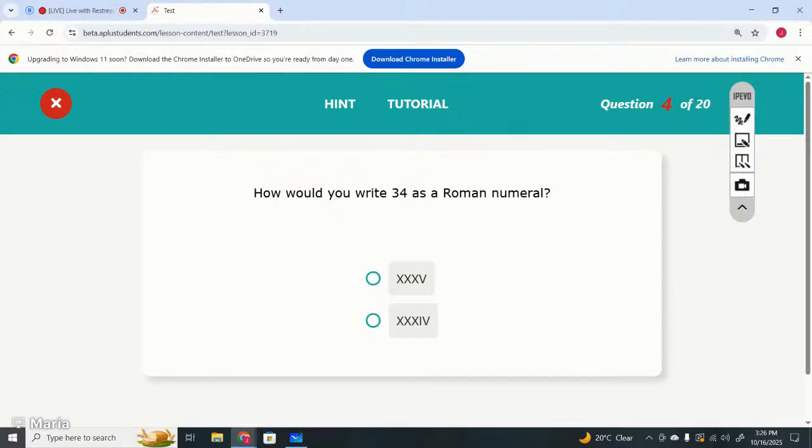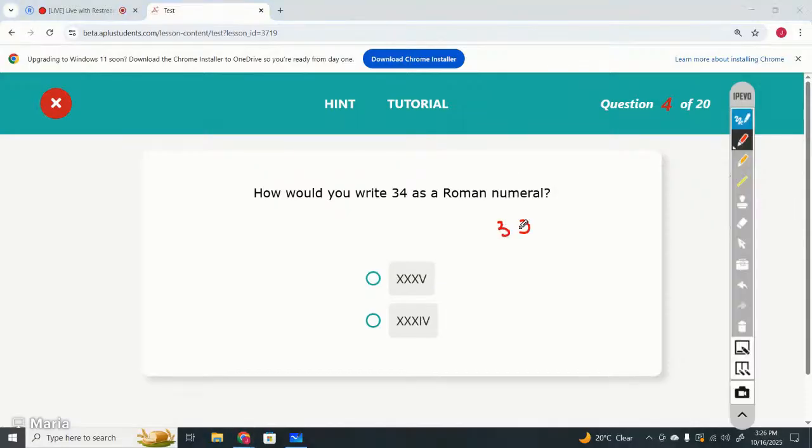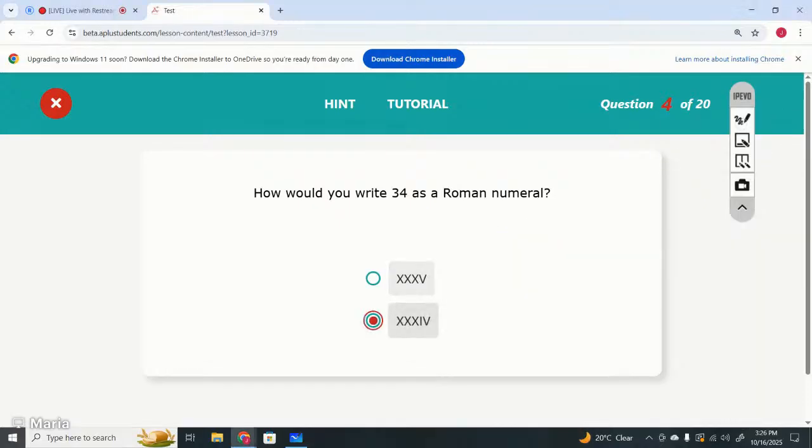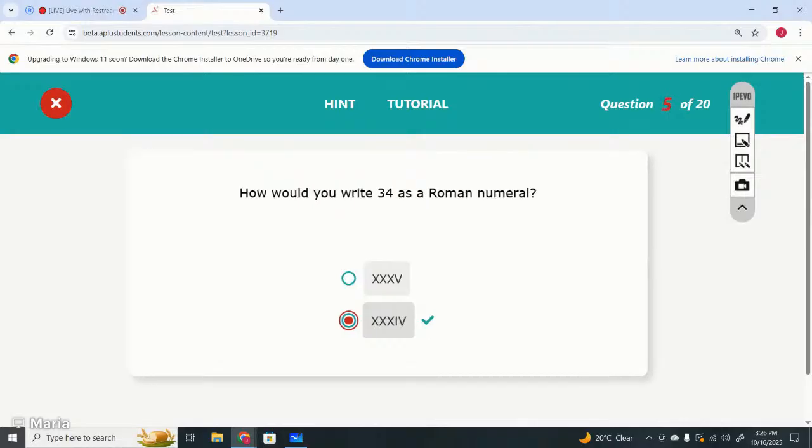How do you write 34 as a Roman numeral? So 34, 30 and 4. You can write 30 as X, X and X, and 4 we can write as I and V. That is 34. Option number 2 is the correct option.